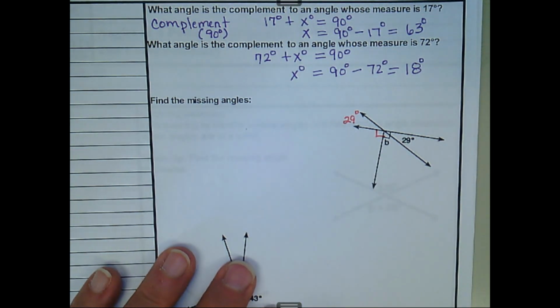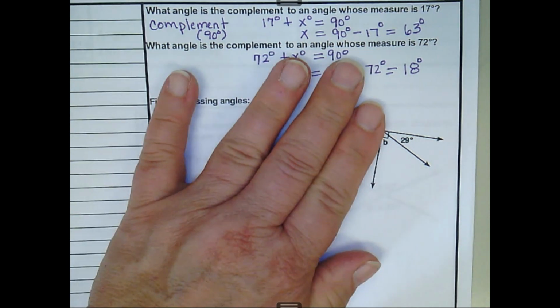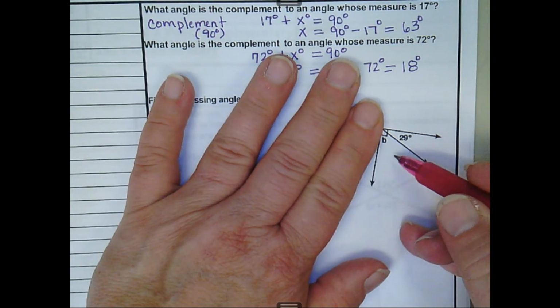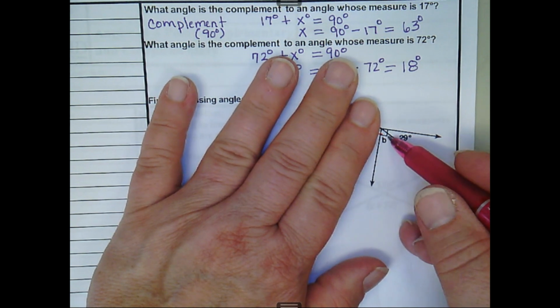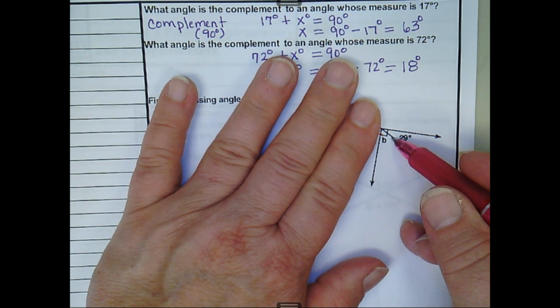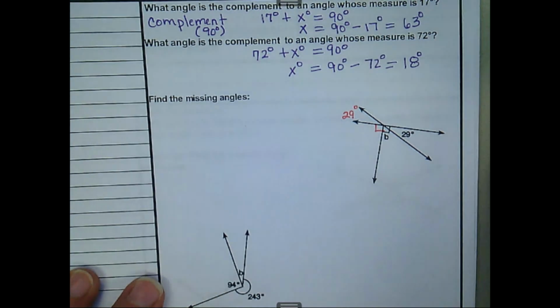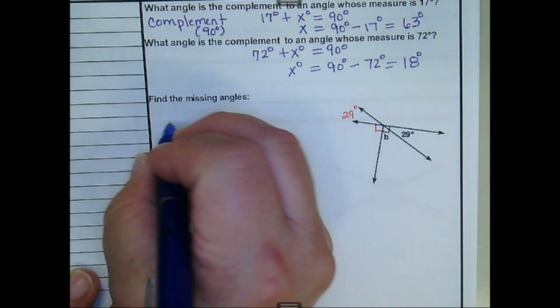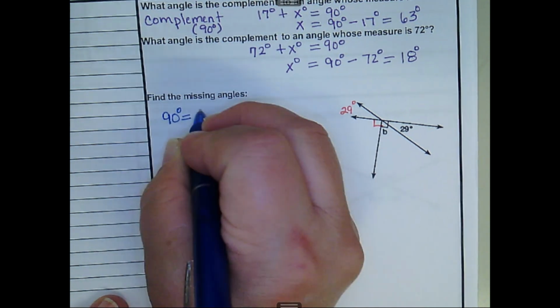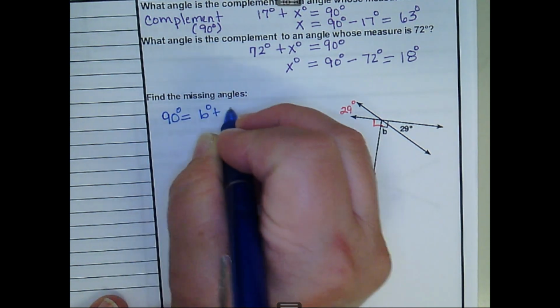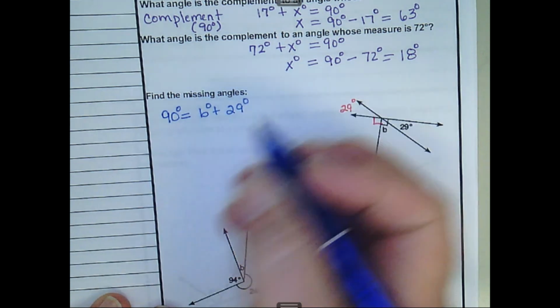No math at all. Okay, now I'm going to look at this piece. If this is 29, how do I find B? I know that they form what kind of an angle? A right angle, which is 90 degrees. So 90 degrees is equal to B degrees plus 29 degrees.